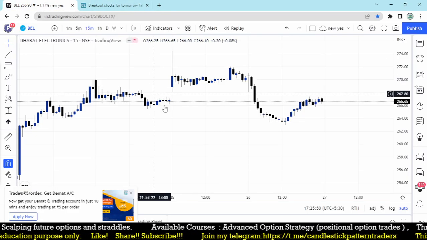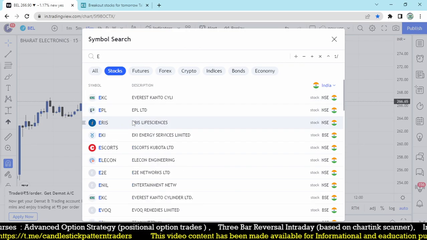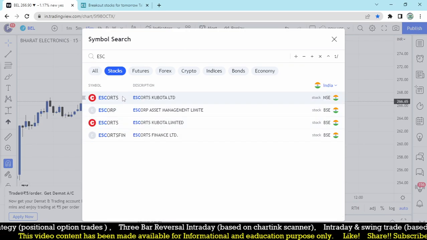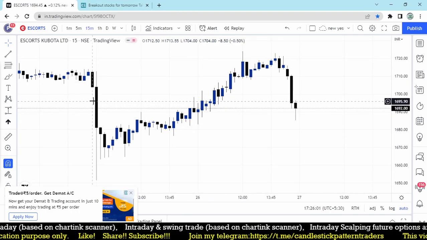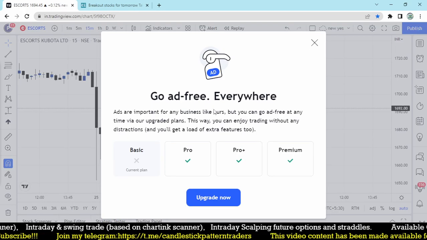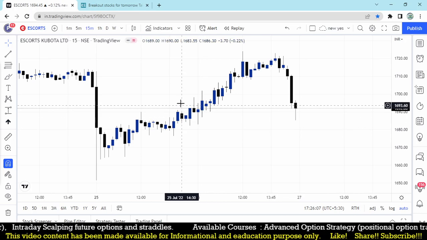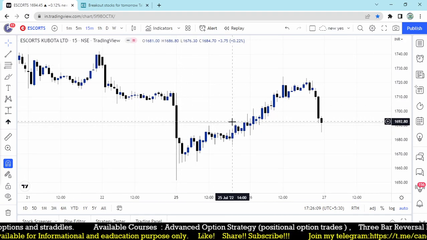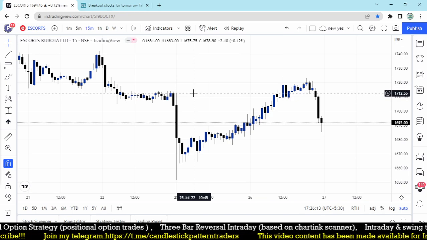And let's go for CHV on 25th, or this was the 22nd. Yeah, this was a big stop loss. Simply ignore it.